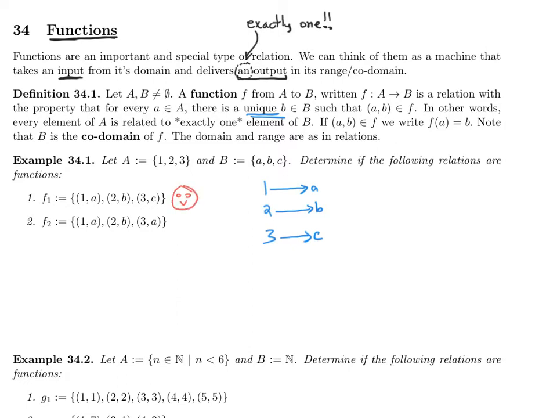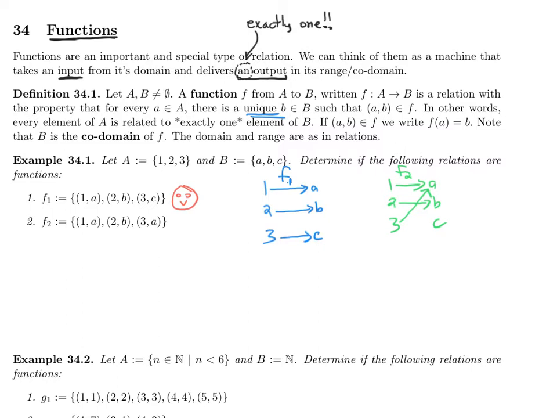Let's look at F2. I'll do F2 in a different color, maybe green. I'll write down first that this guy was F1. Now let's do F2 in green. So we have 1, 2, 3, A, B, C, same as before. We have 1 is related to A, 2 is related to B, but now 3 is related to A. And this is F2.